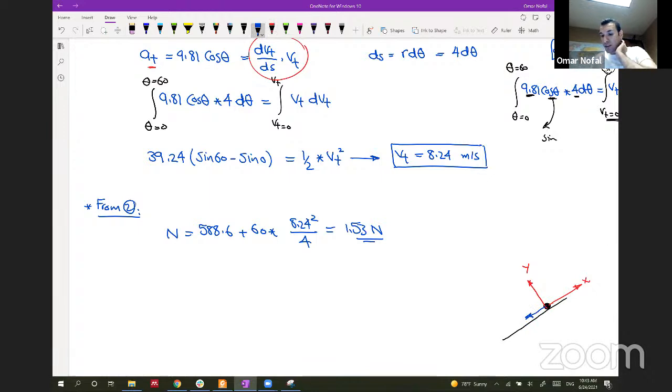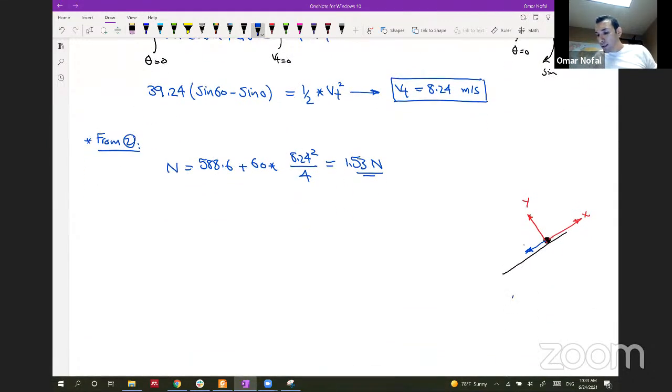So this is the direction of the velocity, and this is also the direction of the acceleration. So if you got the velocity, it will be negative. And if you got the acceleration, it will also be negative.